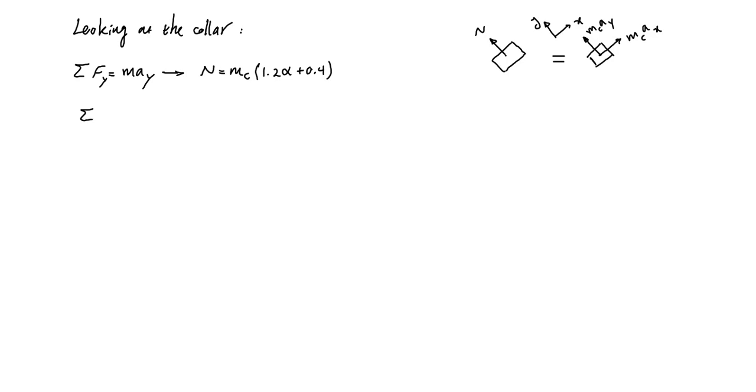Summation of forces in x direction is equal to MC A_X. What do I get out of this? Well, let's see, there is no force in x direction, so 0 is equal to MC times whatever is the x component of the acceleration, which was r double dot minus r omega squared. If you plug in the numbers, you'll get 0.4 for that.